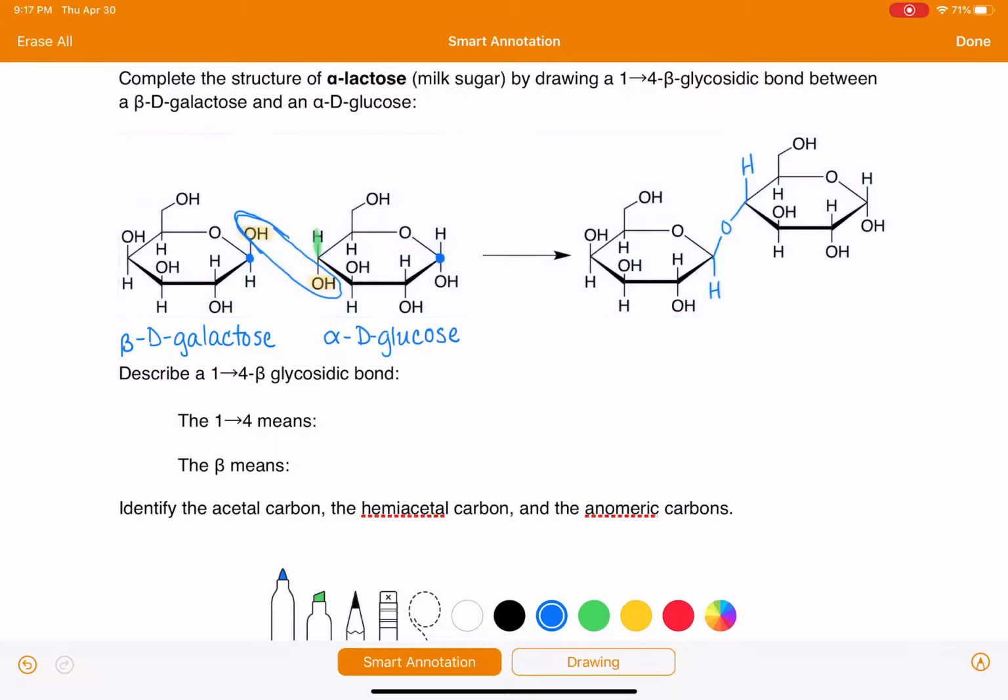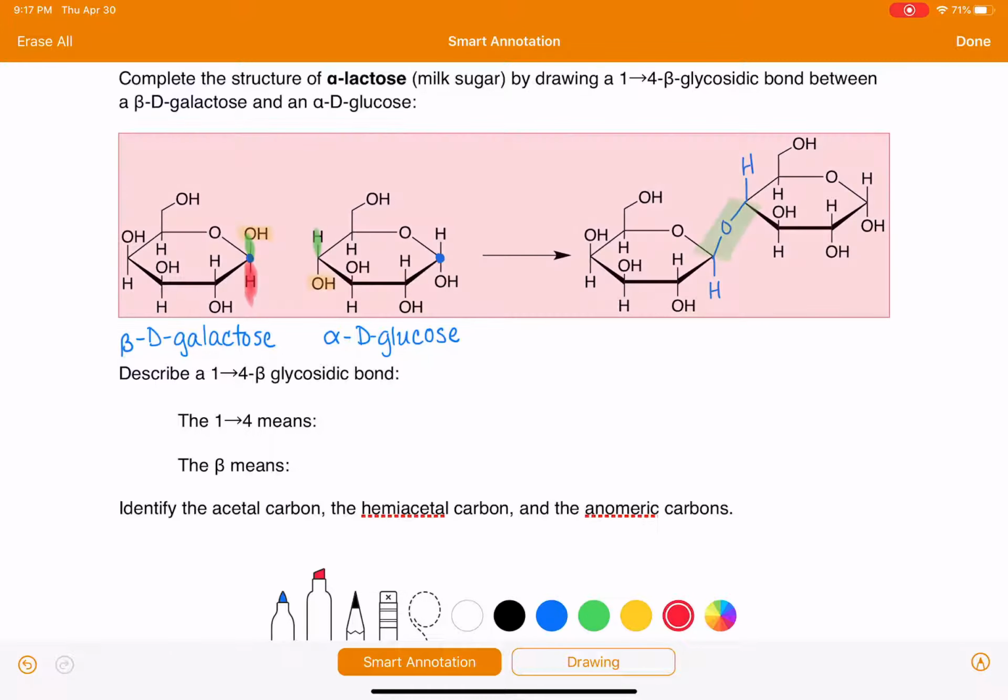And notice that this connection is angled up like this. The reason that connection is angled up like that is because this bond is beta. And so we're already forced, because we have a hydrogen down and we are not allowed to move that hydrogen at all, the other bond on this carbon atom has got to be aiming up.